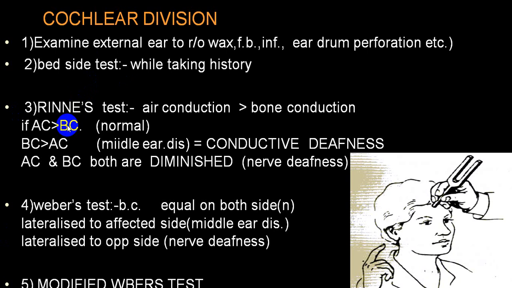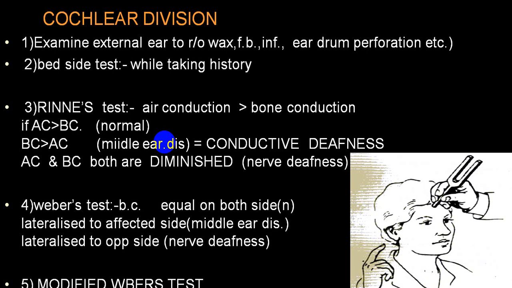Now, if in the person, say on the right side, the bone conduction is better than air conduction, it means on the right side there is middle ear disease, or what we call conductive deafness, meaning either the person has some pathology in the external auditory canal, or something is happening in the middle ear, that is the eardrum.